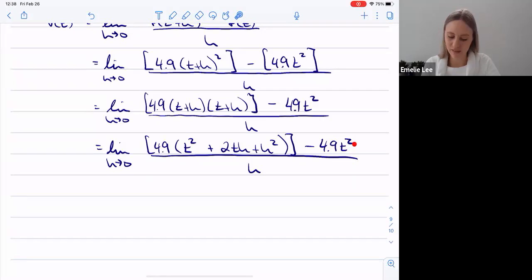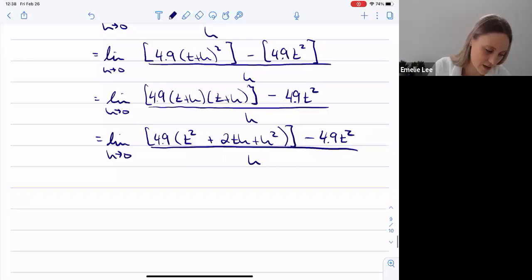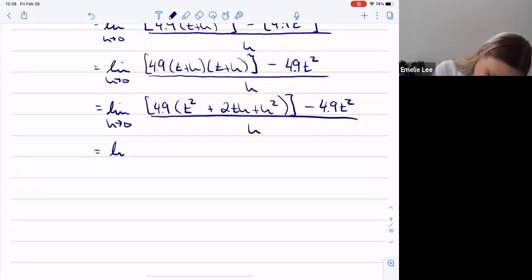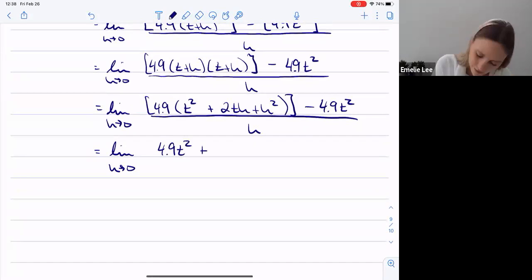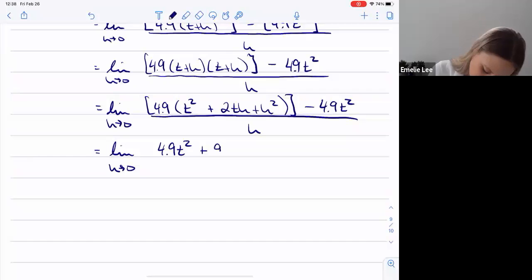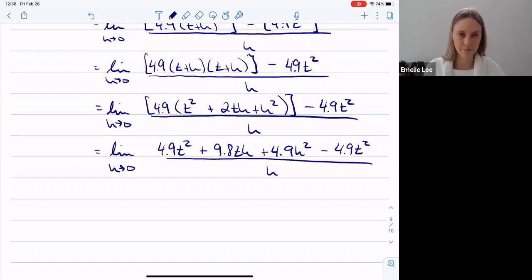And then I see the light at the end of the tunnel because I'll be able to factor out an h and cancel with this h in the denominator. We're almost there. The limit as h goes to 0 of 4.9 t squared plus 4.9 times 2, which is 9.8, th plus 4.9h squared minus 4.9 t squared over h.